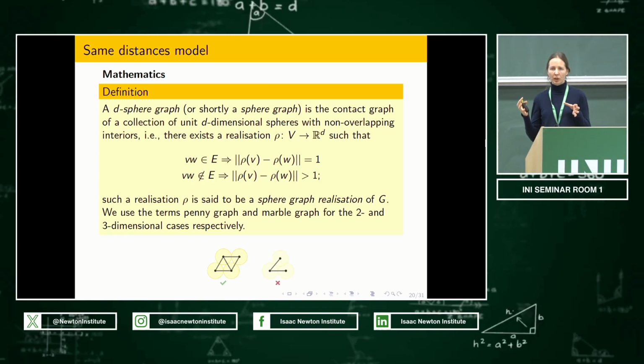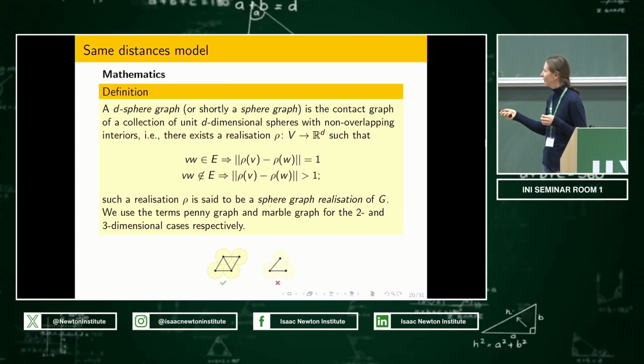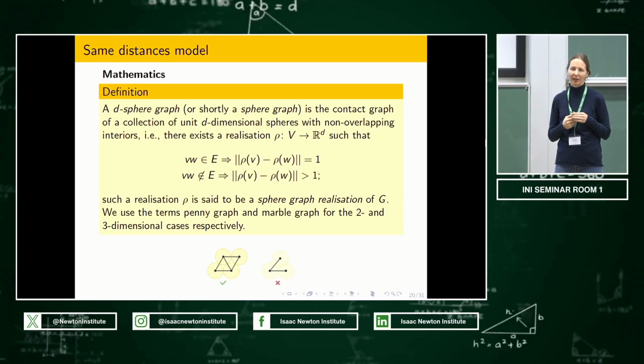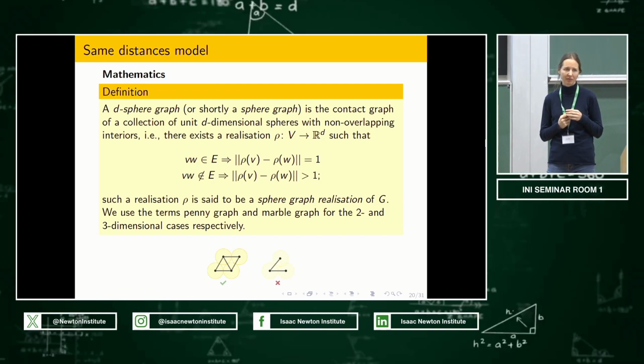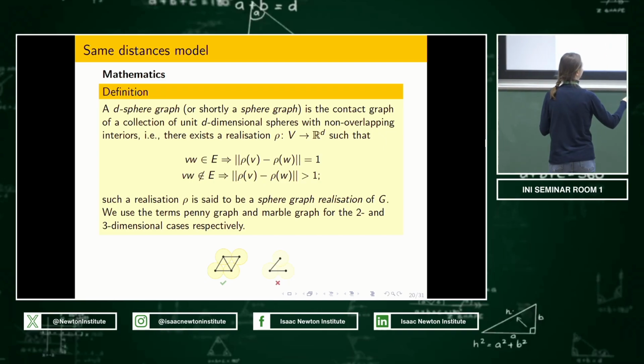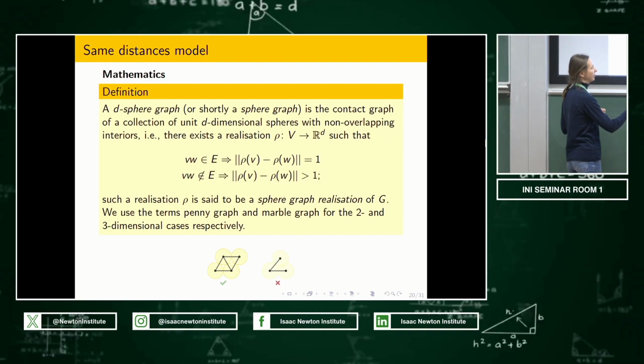And when we are in 2 dimensions, we use the term Penny graph. So this is very classical, and we made up the term marble graph for the 3-dimensional case. Okay. And so here you can see an example of a Penny graph with a Penny graph realization.